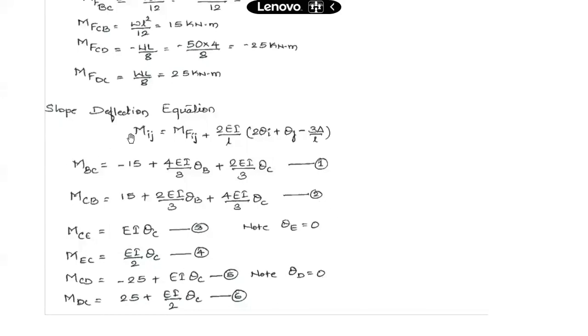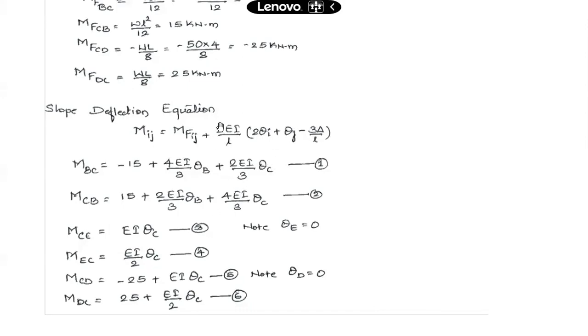Now MCE is MFCE, which is 0, plus 2EI by L, where L is 4 meters, into 2 times theta C plus theta E, which will become 0, minus 3 delta upon L. This term will also vanish because there is no settlement, delta is 0.